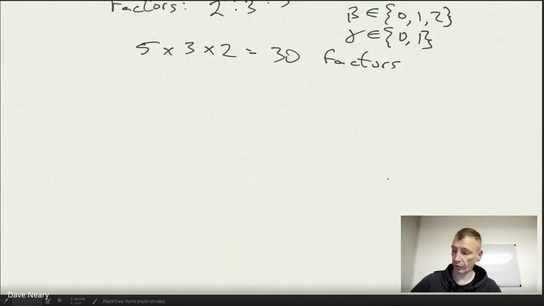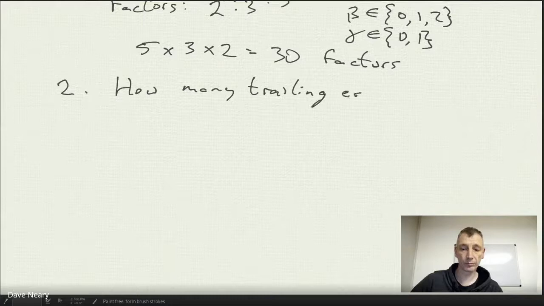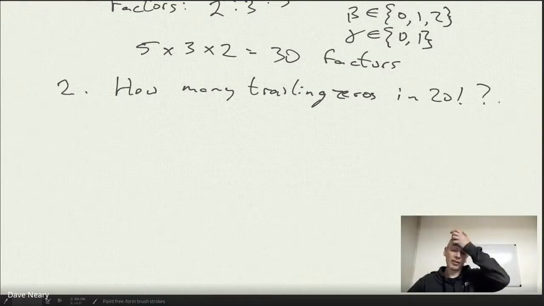Okay, question 2. How many trailing zeros in 20 factorial? Well, what do you need to have a trailing zero? You need to have a factor of 10, right?